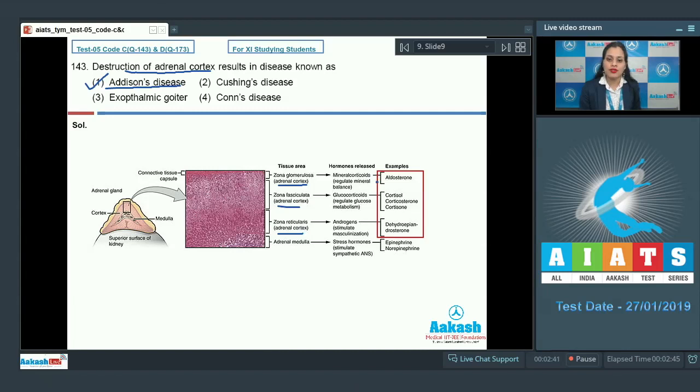And this will lead to the hyposecretion of mineralocorticoids such as aldosterone, glucocorticoids such as cortisol, and androgens. And we know that because of the hyposecretion of aldosterone and cortisol, a disease is caused which is known as Addison's disease.